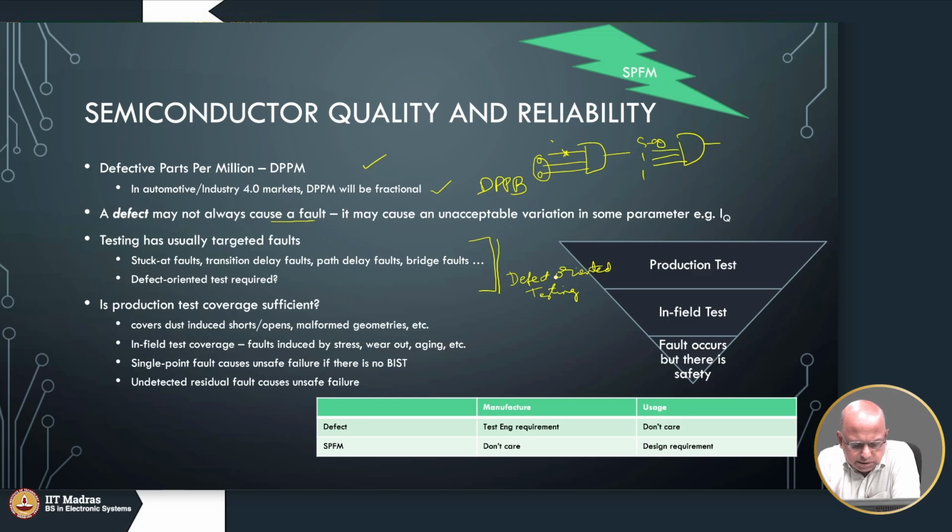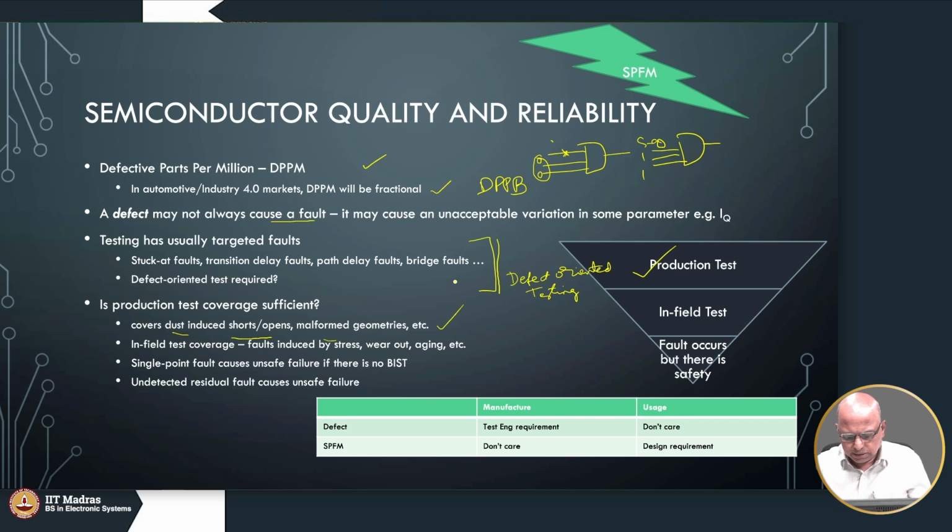Similarly, is production test coverage sufficient? All the tests that we do in production tests, such as stuck at faults, etc., they address things like shorts and opens, dust, malformed geometries, all this they take care of. But later, we may also have things like stress induced faults.